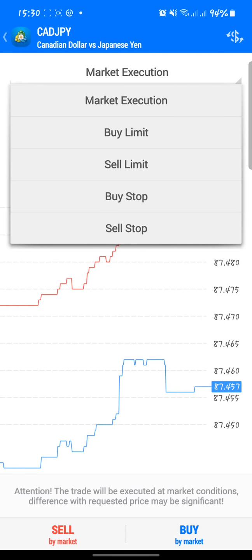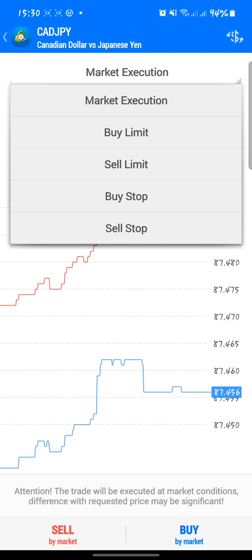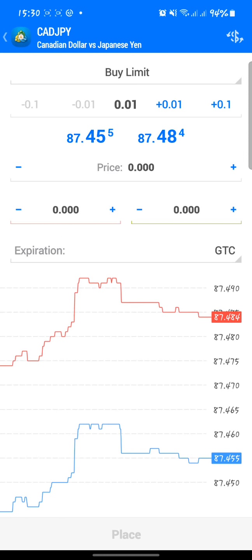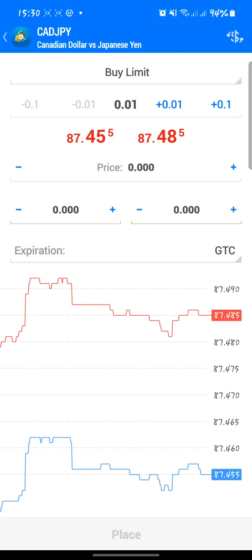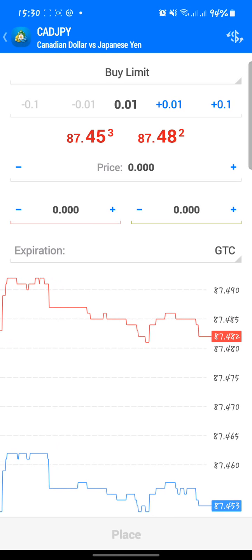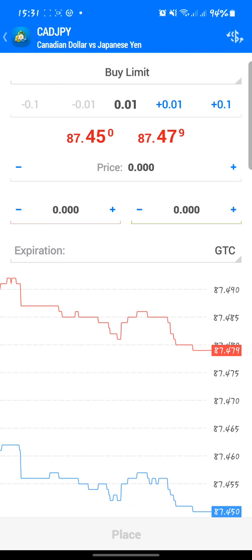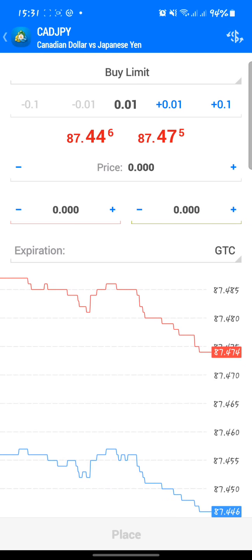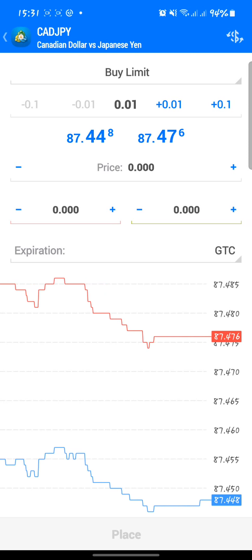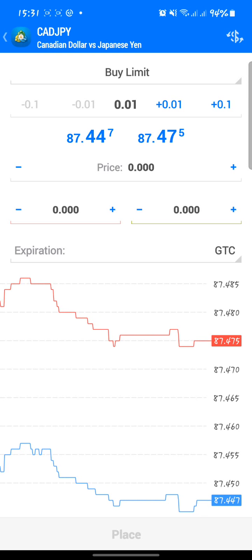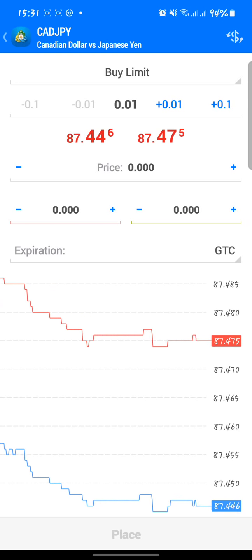Each and every one of these options, guys, when you click any one of these, you realize that you now have where it is written price. That's your entry price. And your signal provider will give you the entry price if they are asking you to get into a trade with a buy limit, or sell limit, or buy stop, or sell stop.